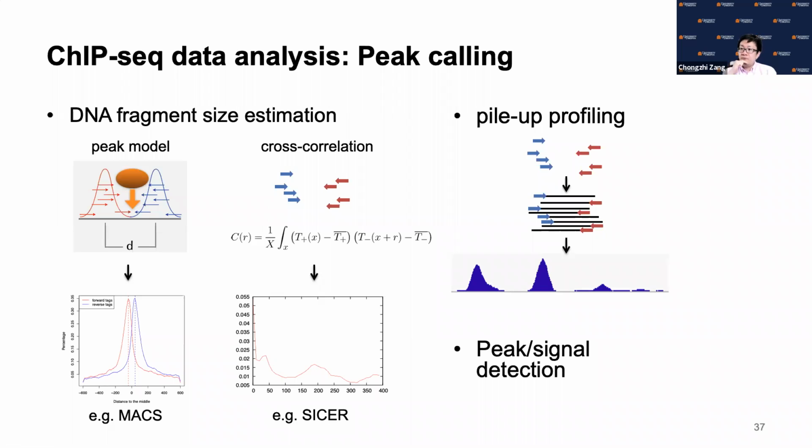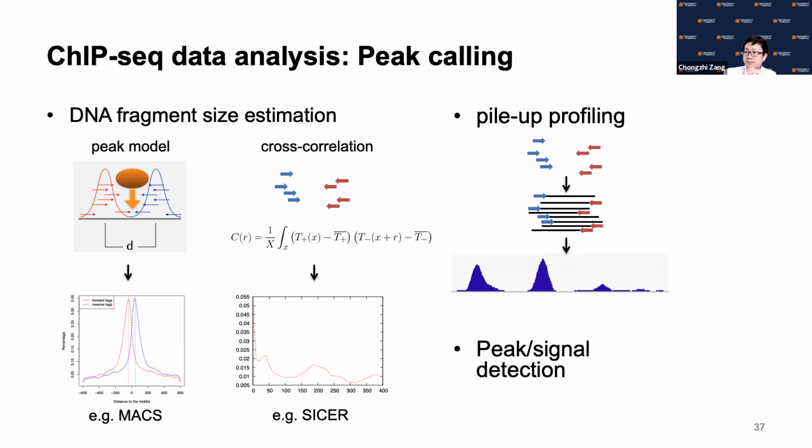So before the peak calling, there are a few more steps that need to be done. This is for the early stage of ChIP-seq technology, where we usually use single-end sequencing, meaning that for each DNA fragment, we can only sequence either end of the whole fragment, but not both.